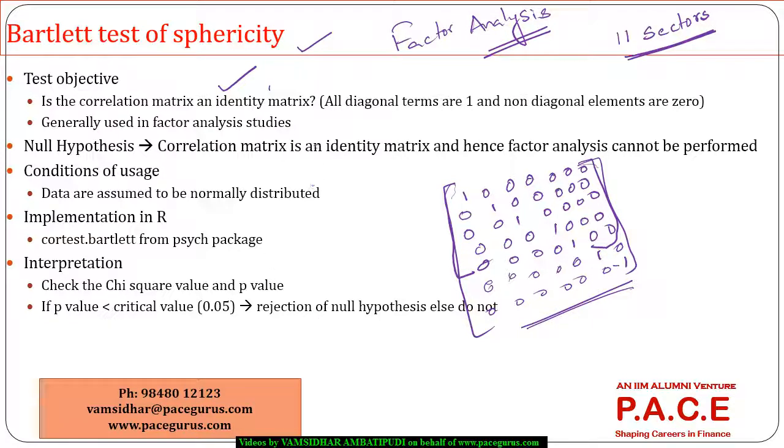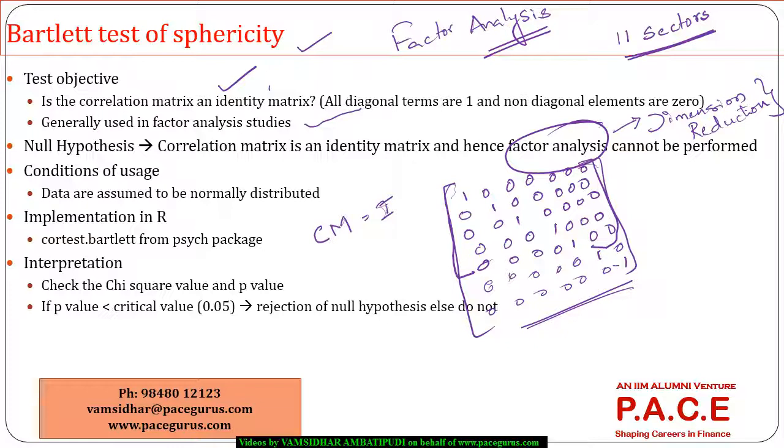So in all the factor analysis studies, we are going to use them, because if you remember, the null hypothesis says that the correlation matrix is an identity matrix. So there is no need of any kind of factor analysis on the data, and there is no question of dimension reduction in the data. Dimension reduction cannot be done on the data because there is no amount of correlation existing between the variables.